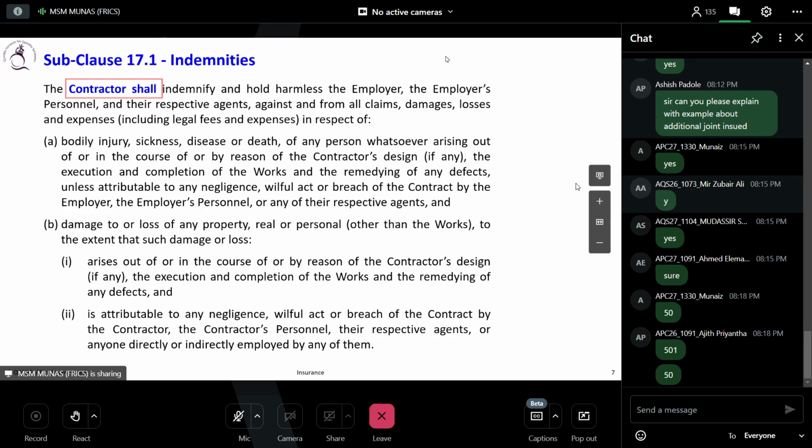So it says very clearly here, contractor shall indemnify and hold harmless the employer personnel.